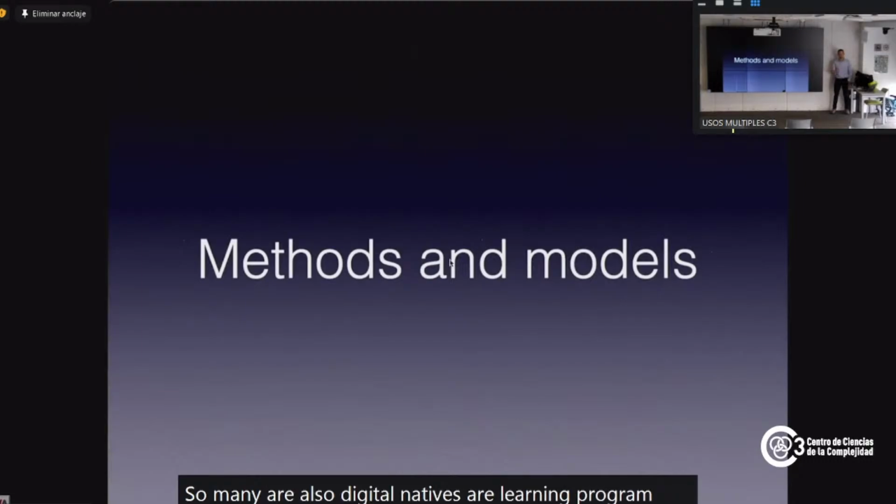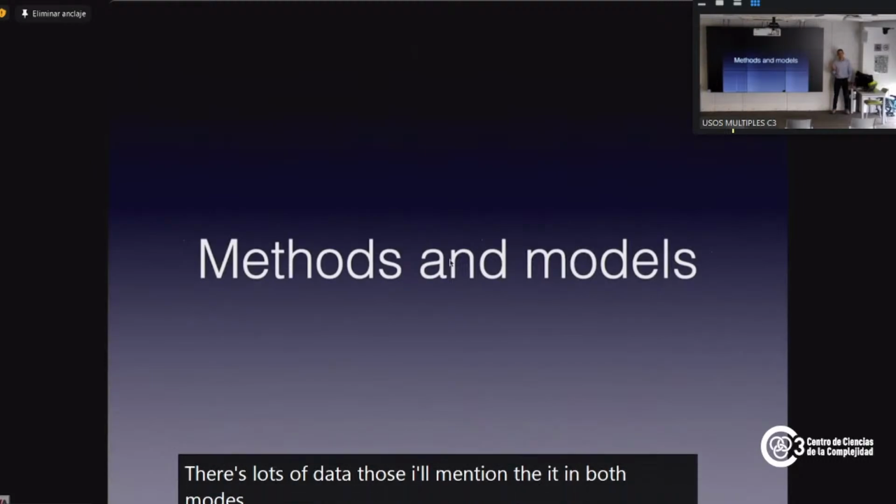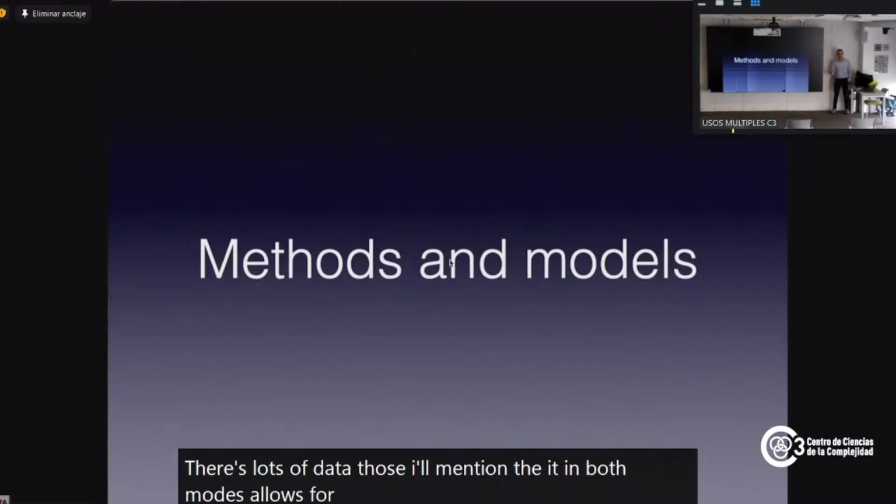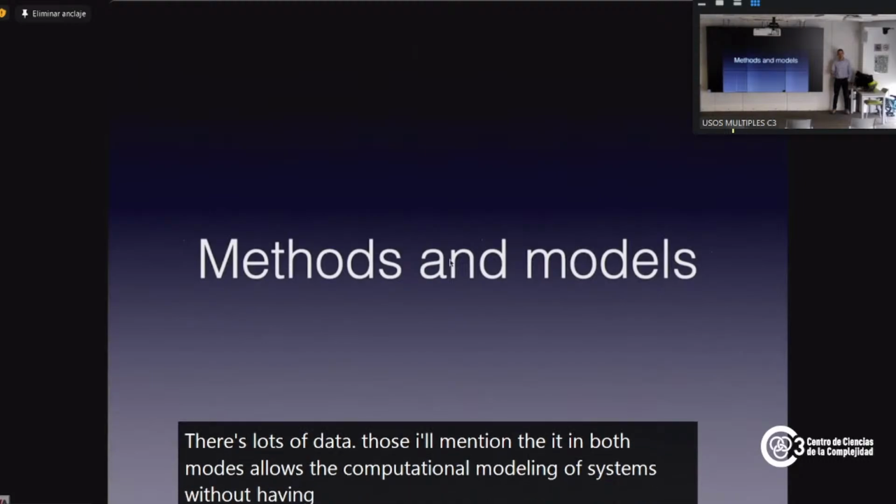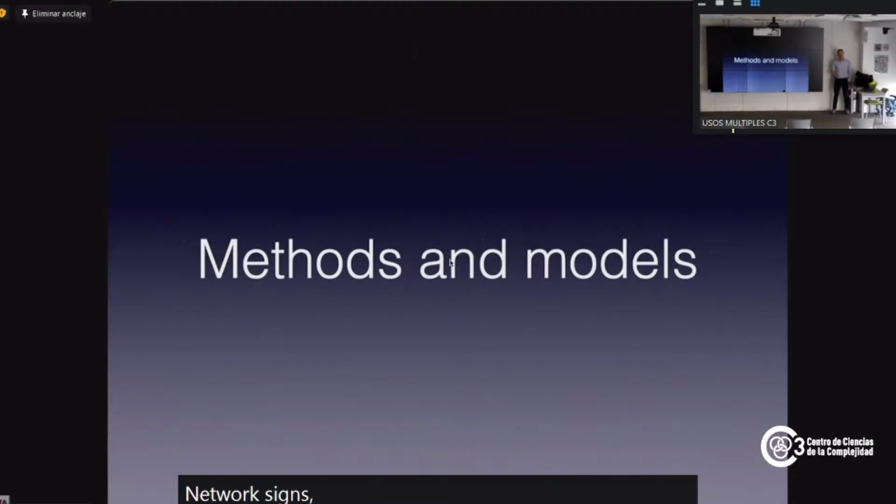There's lots of data. We also mentioned the agent-based models, which allow the computational modeling of systems without having an advanced training in mathematics. Network science is also quite accessible.